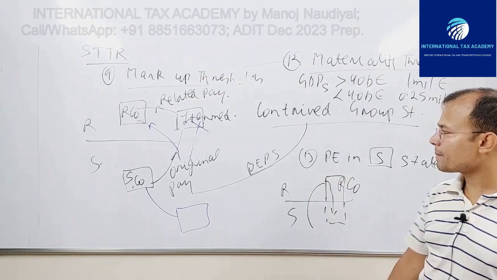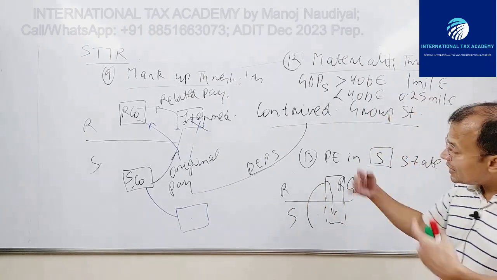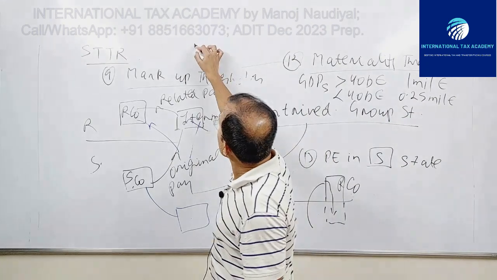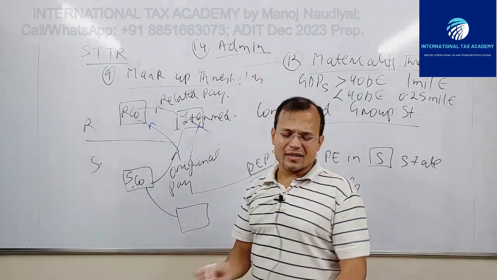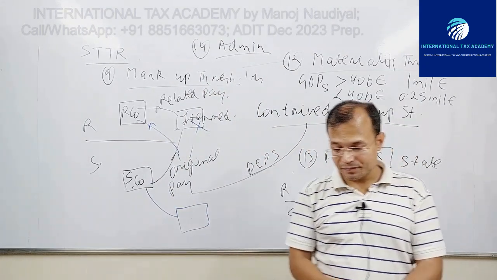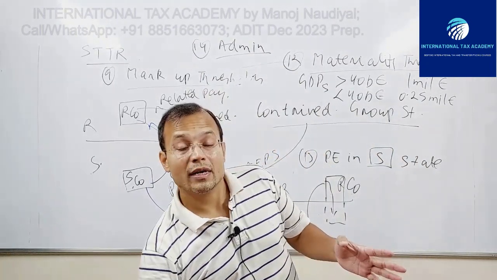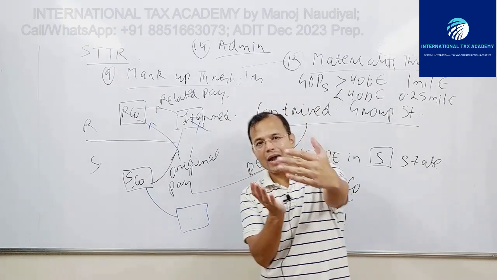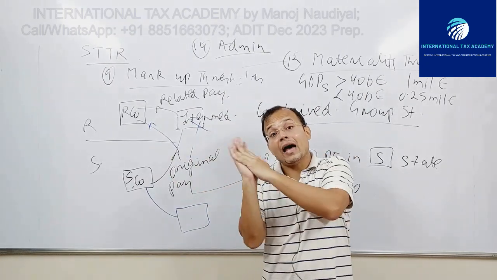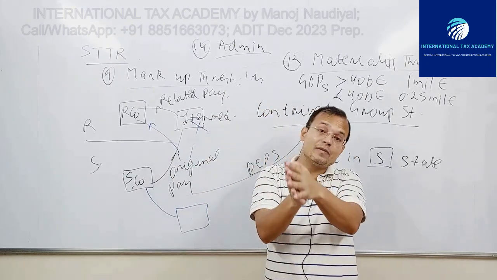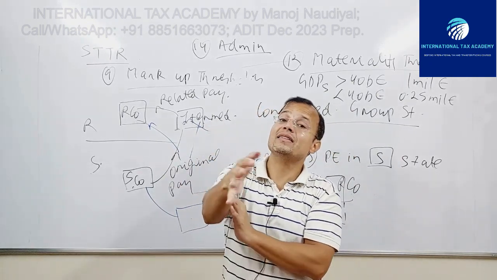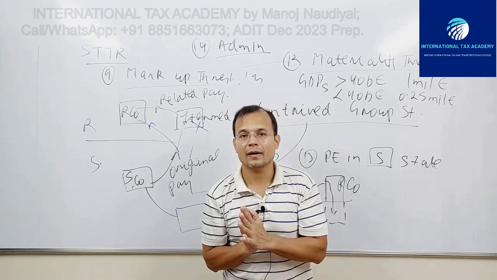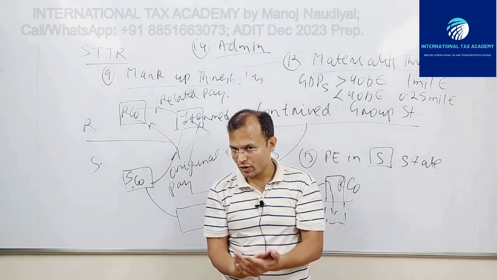PE in the state. Thirteen. Fourteen is administration. It says that STTR will be calculated on the total income at the end of the fiscal year, and unless the income has been determined at the end of the fiscal year, the state will not apply the taxing right under STTR. Fourteen, administration.